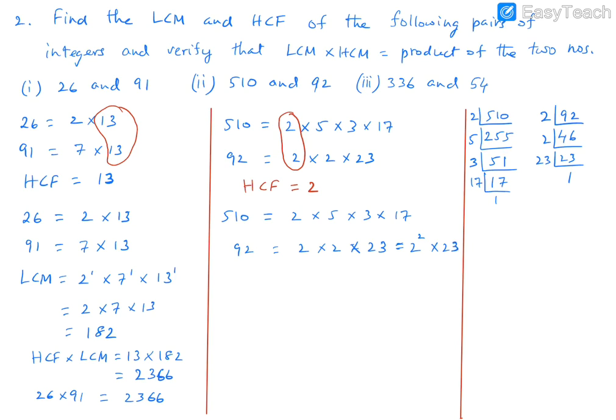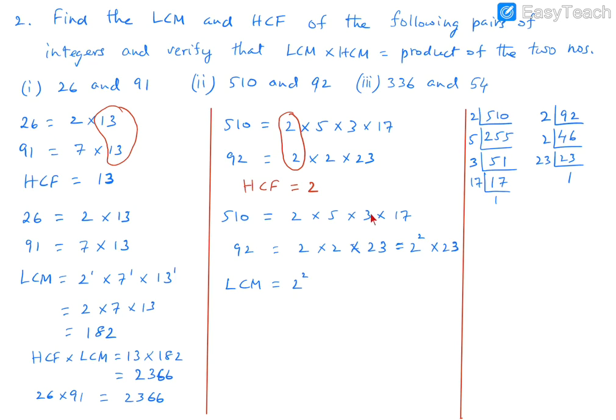For finding the LCM, we take the product of the greatest powers of the prime factors that are involved. The greatest power of 2 that is involved in the prime factorization is 2 power 2. So we take that 2 power 2.